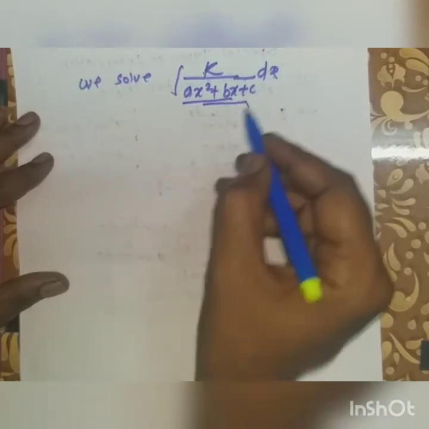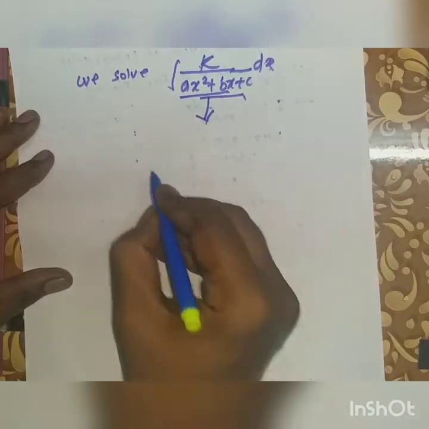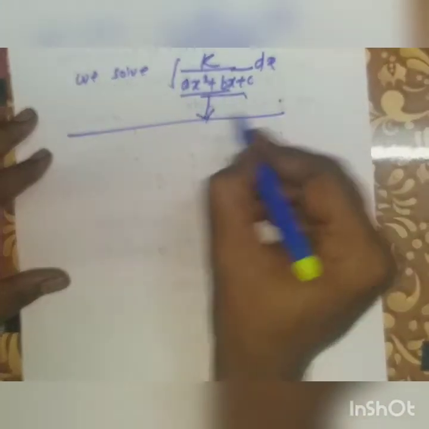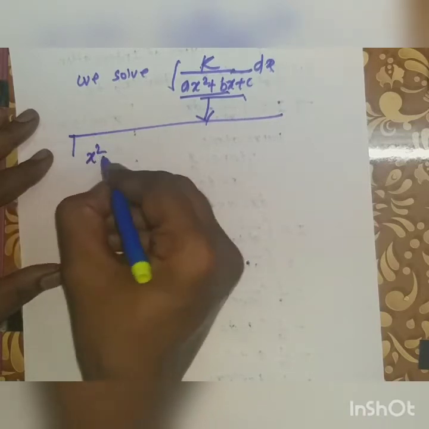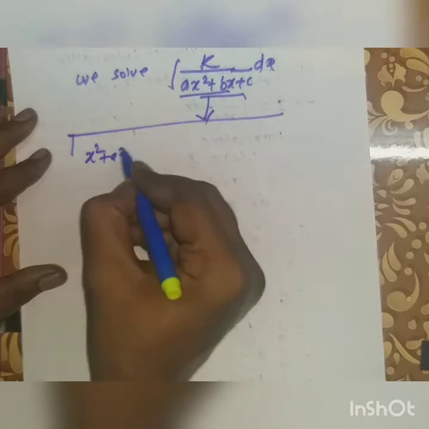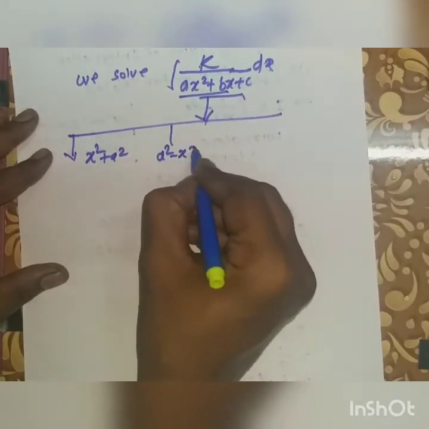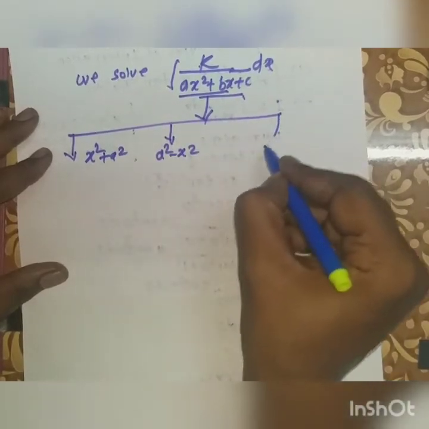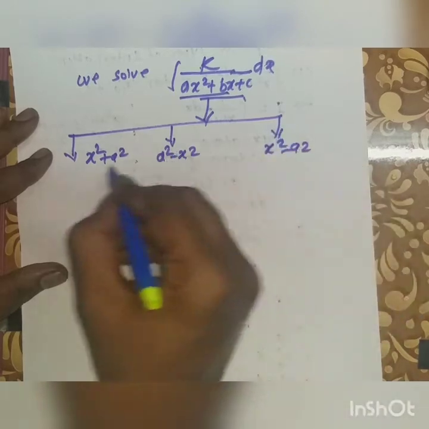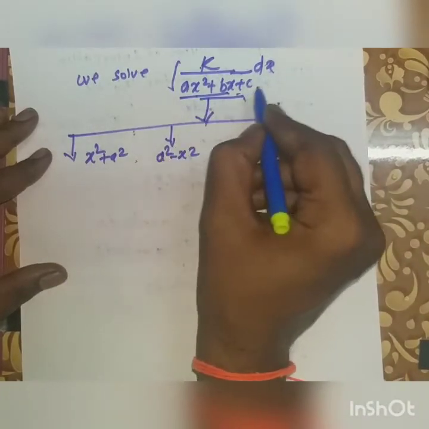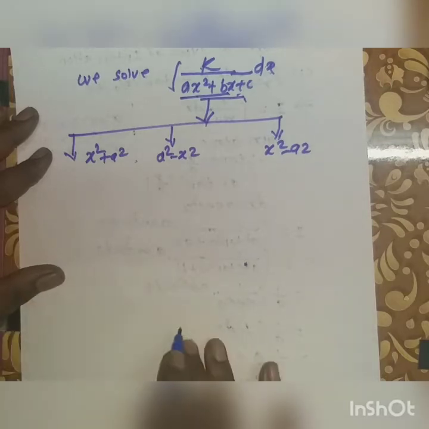But this quadratic equation, 1 divided by a quadratic equation, is converted into three parts. First is x square plus a square. Second, a square minus x square. And third, x square minus a square. That means all quadratic equations are converted into this form. Then we apply the formula.